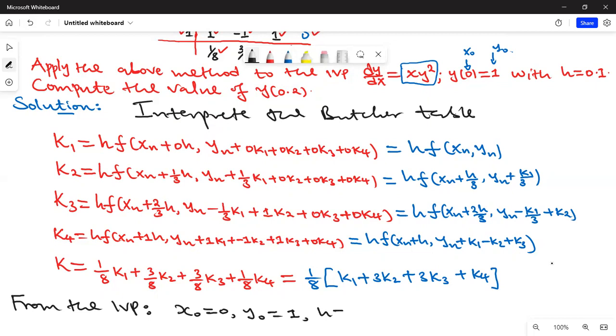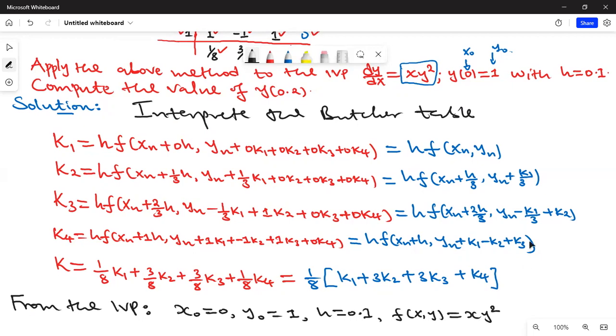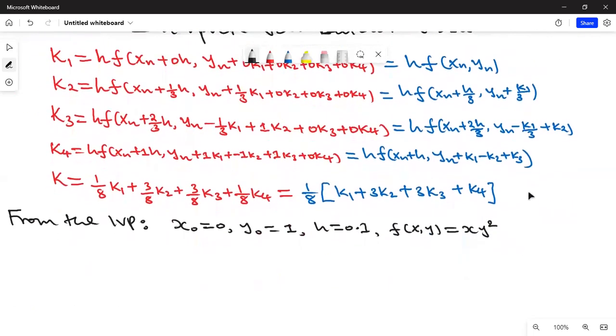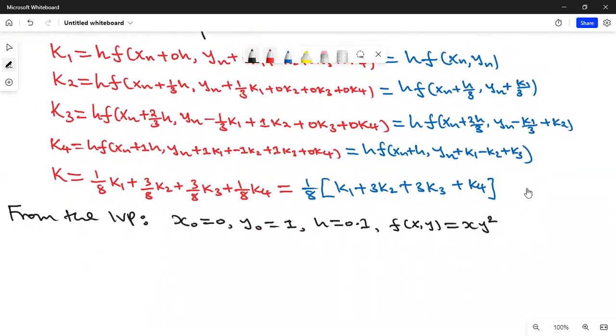Of course, h is 0.1, and our f of x, y is equal to x y squared. From here, it means that our f of xn, yn is the same as xn times yn squared.